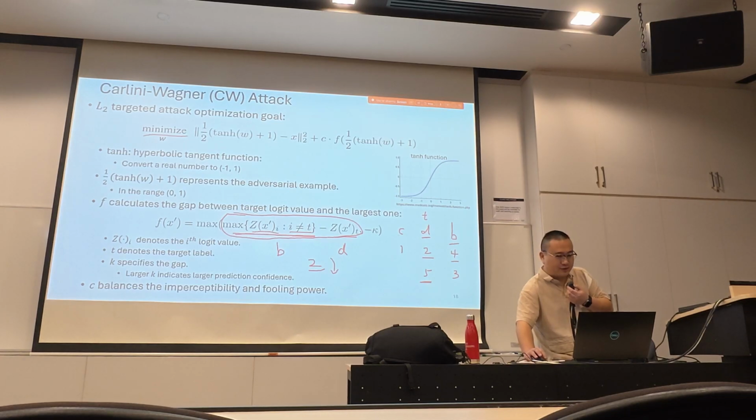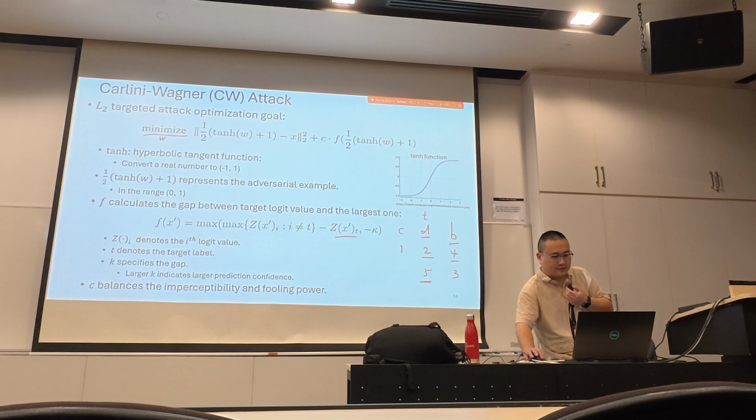However, we don't want to do it forever. If we do it forever, then we just decrease the gap forever. For now, you can see that if we calculate the gap again at this position, the cat is still 1, the dog is 5, and the logit for bird is 3. If we calculate the internal max again, we get the largest logit that is not the target.